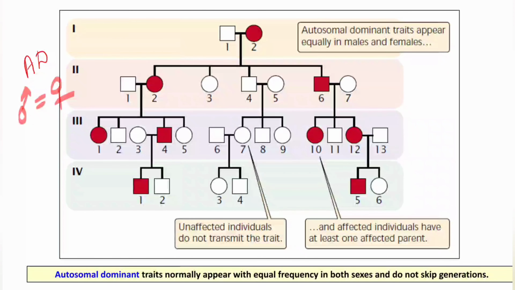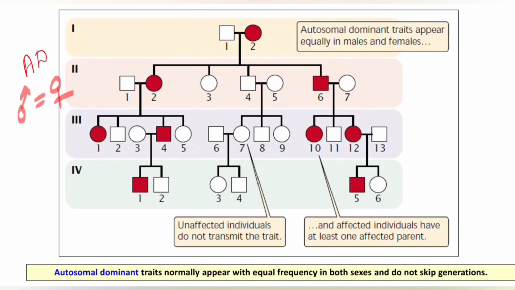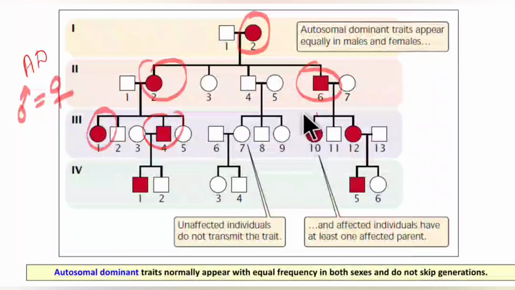You can see in this pedigree chart that no generation is skipped. In the first generation, the female parent is affected. In the second generation, both male and female are affected. In the third generation also, a female, a male, and two more females are affected. And in the fourth generation, both males are affected.